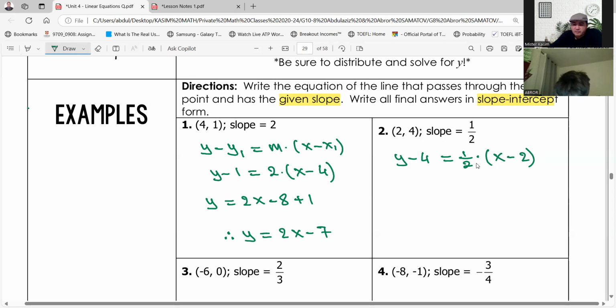Now I distribute the right-hand side. At the same time, move -4 to the right-hand side. So y equals 1 over 2 times x, 1 half times 2, it is just 1. This -4 will be +4 because of the change in sign. And now just simplify and write the answer. So y will be equal to 1 over 2 x, -1 plus 4 is +3.